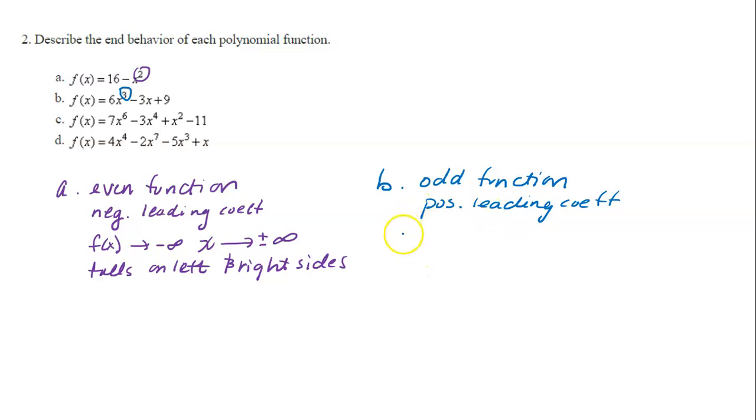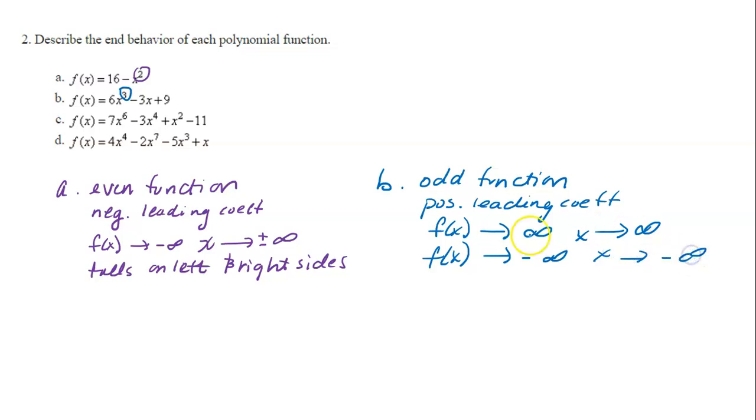So if I go back and I look at odd function, positive coefficient, I'm going to get f of x, and I'm copying this right off of the slide that you just saw, the one for odd functions. This did not come out of my brain. And it rises to the right, falls to the left.